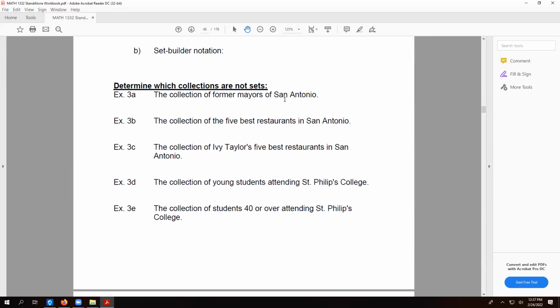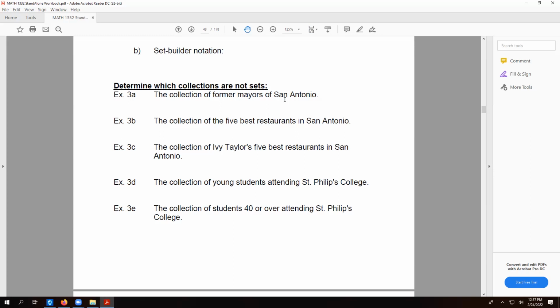3C, collection of Ivy Taylor's 5 best restaurants. Oh, I see, right? Because I'm making an assumption that that's a fact. Is it a fact? No, it's not, right?